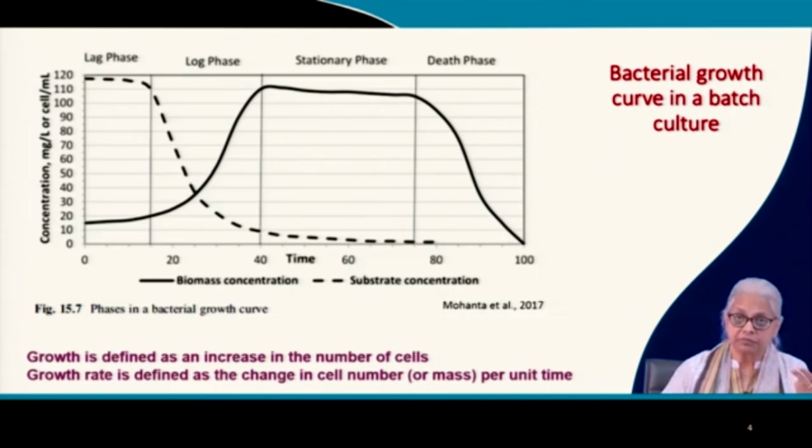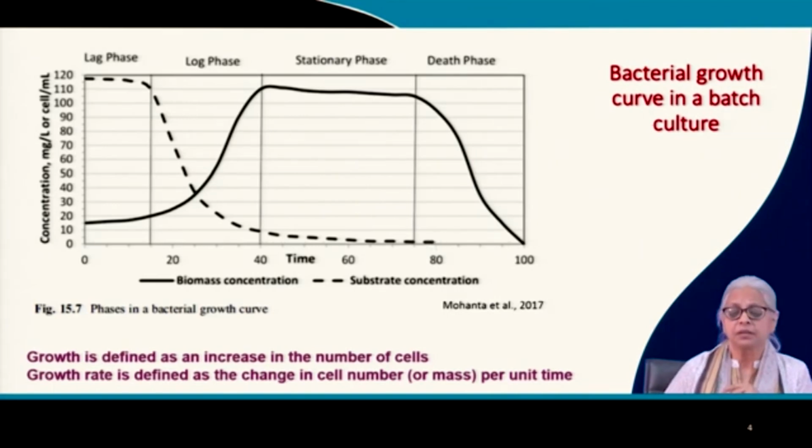As the exponential phase takes off, the substrate consumption is very fast as well, because the biomass is utilizing the substrate, and you get exponential decay in the substrate concentration in the media. Stationary phase, again, it's more or less horizontal, and in the death phase, you will find that most of the substrate has been consumed and become part of the biomass, and you have very little substrate left towards the end.